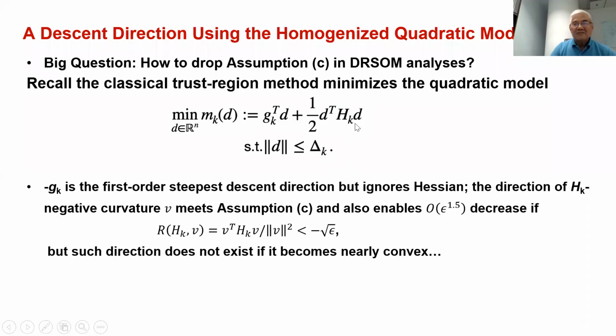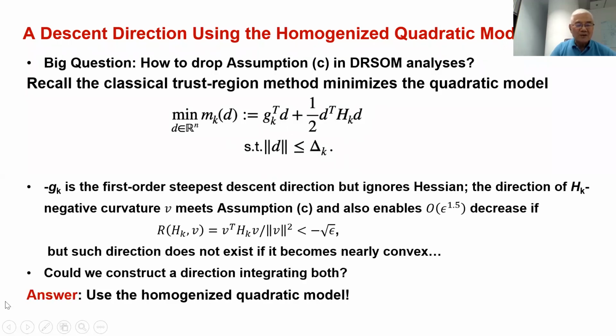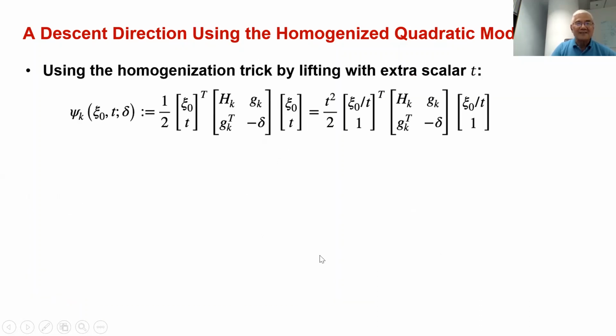It's the most negative eigenvector. Now, which direction should we use? Can we have a way to combine them? Next, I'll show you. We use a homogeneous quadratic model to combine these two. Basically, we augment this Hessian matrix Hk with a column vector gk and a small perturbation delta.